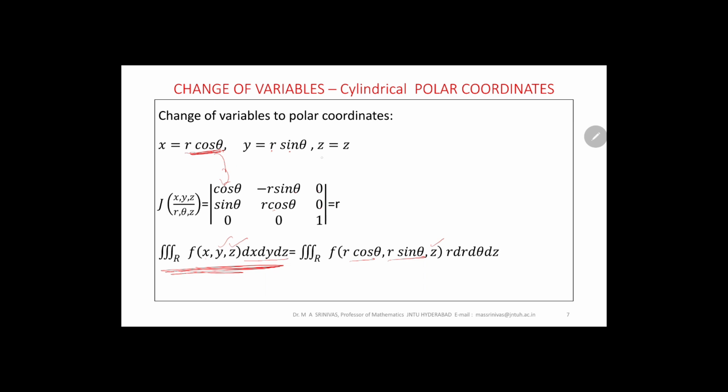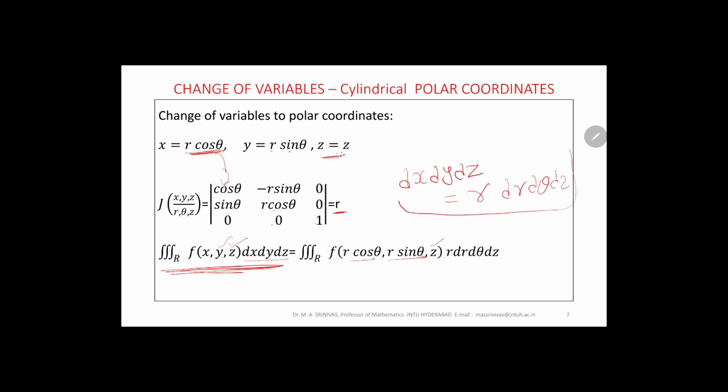And the derivative of z with respect to r is 0, with respect to theta is 0, with respect to z is 1. If I expand this determinant, I'll get r cos square theta plus r sin square theta, that is r. So while converting from Cartesian coordinates to polar coordinates, dx dy dz becomes r times dr d theta dz.